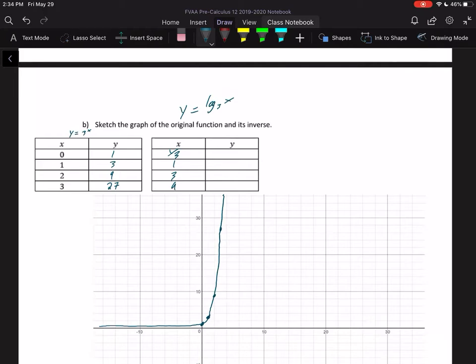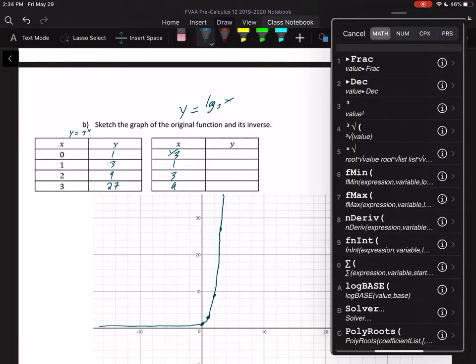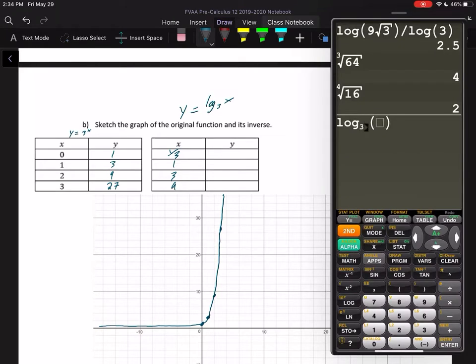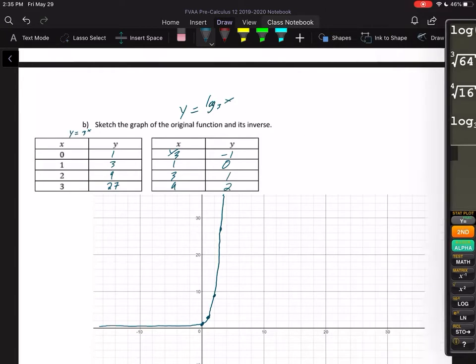If I put in 1/3, so if I do math log base 3 and then 1 divided by 3, I'm going to get -1. If I put 1, I get 0. If I put 3, I get 1, and then you're essentially switching the x and y values as well, right? An input of 9 would be 2, when you're going at inverse.